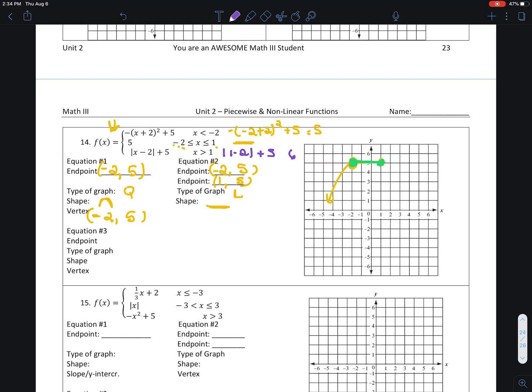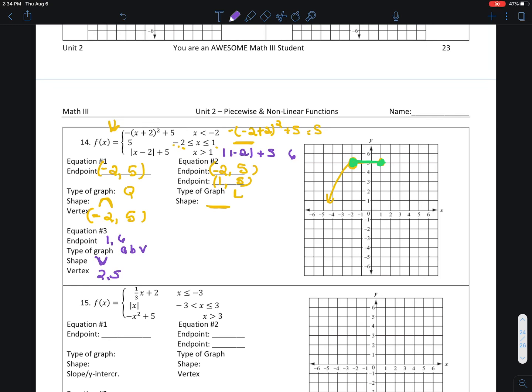The absolute value of negative 1 is 1, plus 5 is 6. So this endpoint is going to start at 1, 6. The type of graph is absolute value. The shape is a V, and our vertex is at 2, 5.